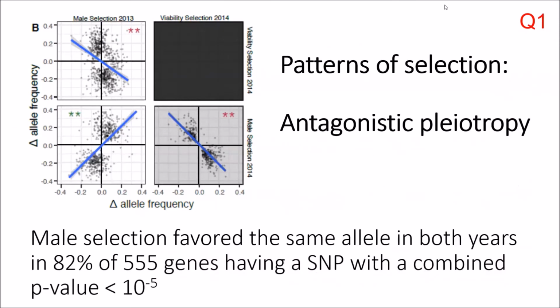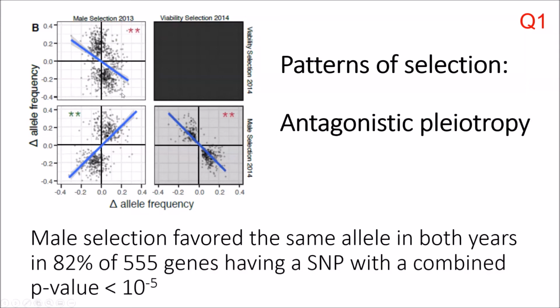Regarding the question of the maintenance of variation, we'd like to look at the relationship between selection at the same SNP through different components of selection. And so the next couple of plots I'm going to show you look at the relationship between different components of selection. So what I've depicted here in the upper left is the relationship between male selection in 2013.